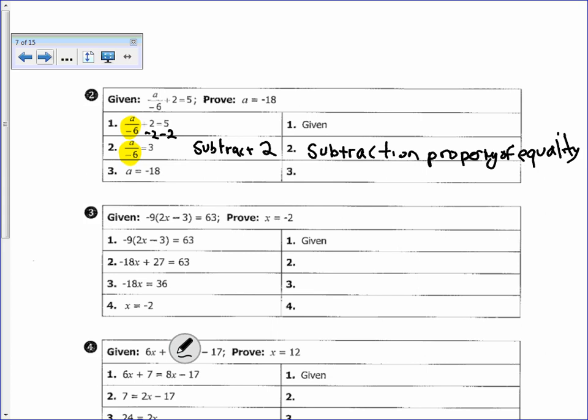Now, step 3 says a equals -18. How did they get rid of that -6? How did they get rid of that 3? Obviously, they multiplied -6 on both sides. They multiplied. And this goes away. And 3 times -6 is 18. Multiplication property of equality.